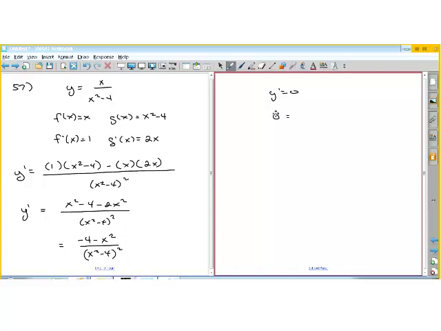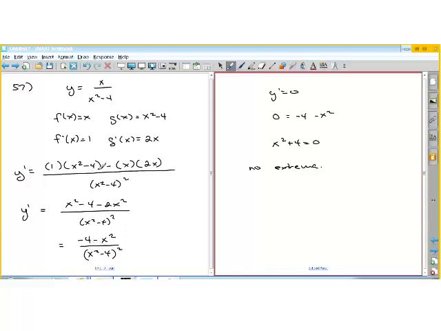So we say 0 is equal to negative x squared minus 4, basically x squared plus 4 equals 0. It turns out there are no solutions to that. So there are no extrema, if I did that correctly, because there are no places where this becomes 0.